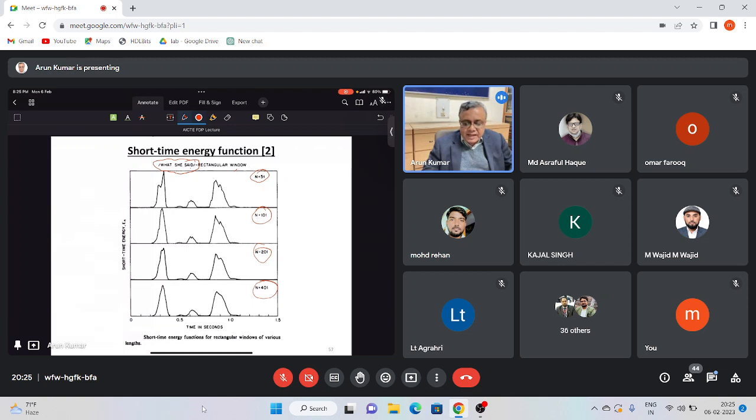And we see that in some portions the energy is high, and other portions the energy is relatively low. And as the window size increases, the plot becomes a bit smoother.